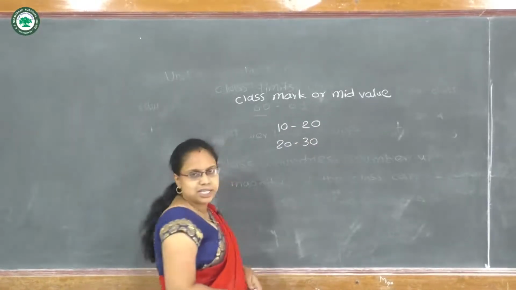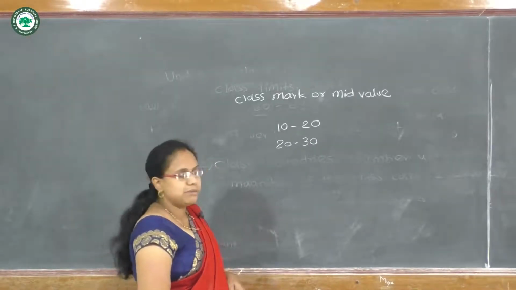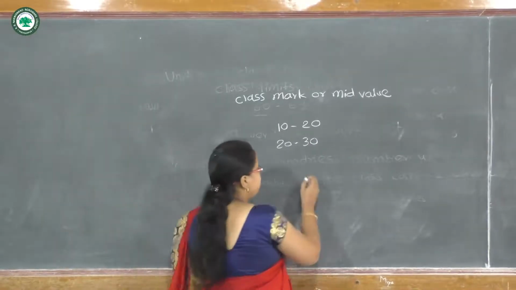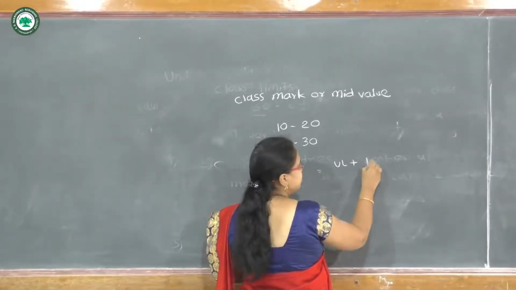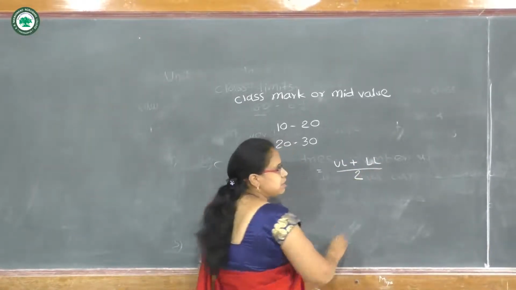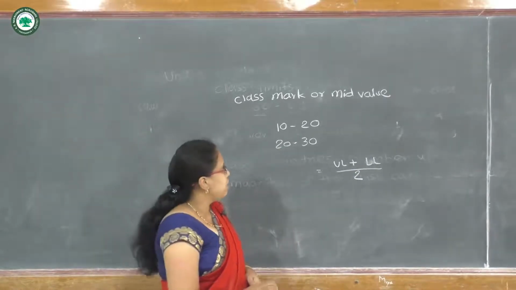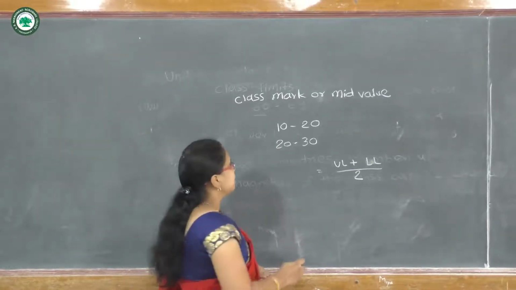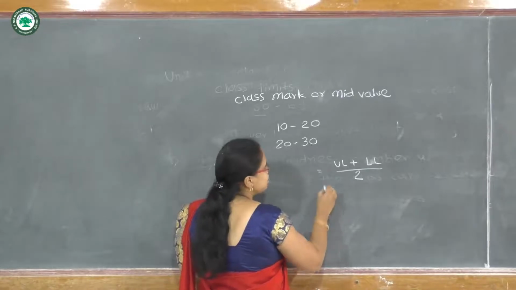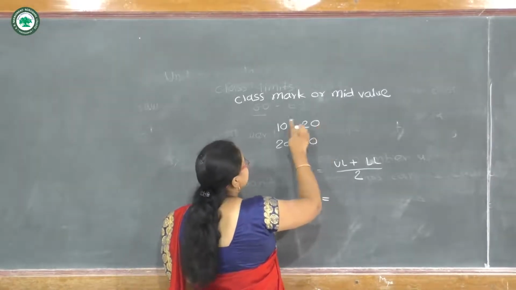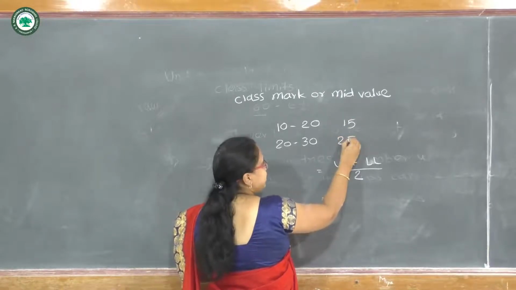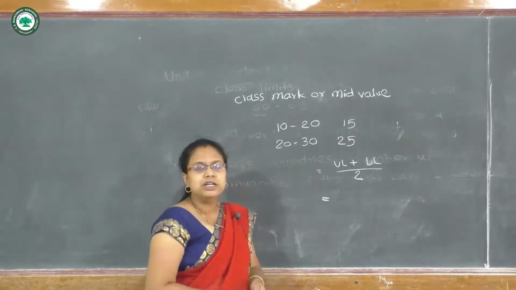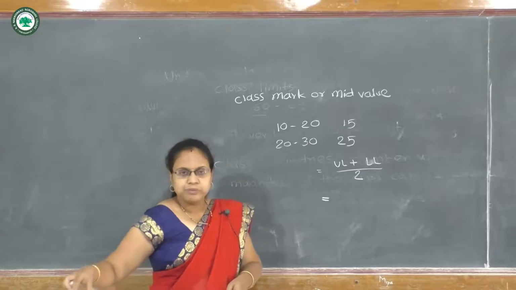Suppose these are the classes, then mid value can be obtained by the formula (upper limit plus lower limit) divided by 2. So in this way we can find out the mid value, or it is called class mark. So here for this class the class mark is 15 and here it is 25. So these are called class mark.